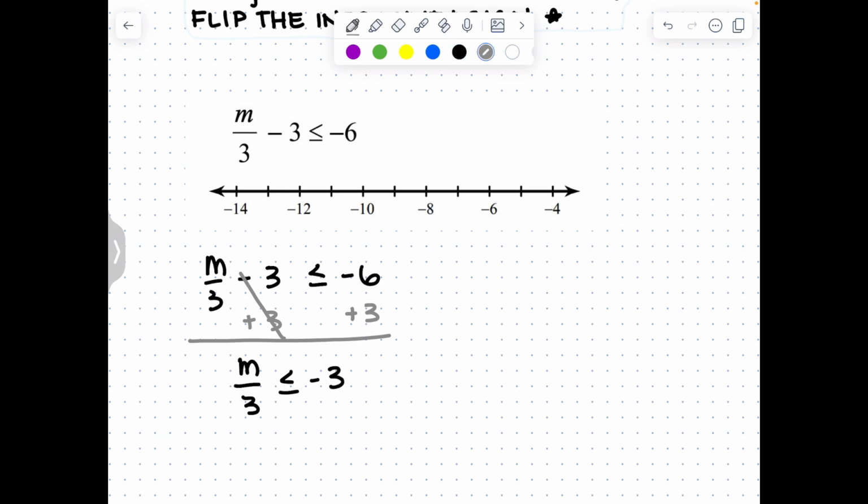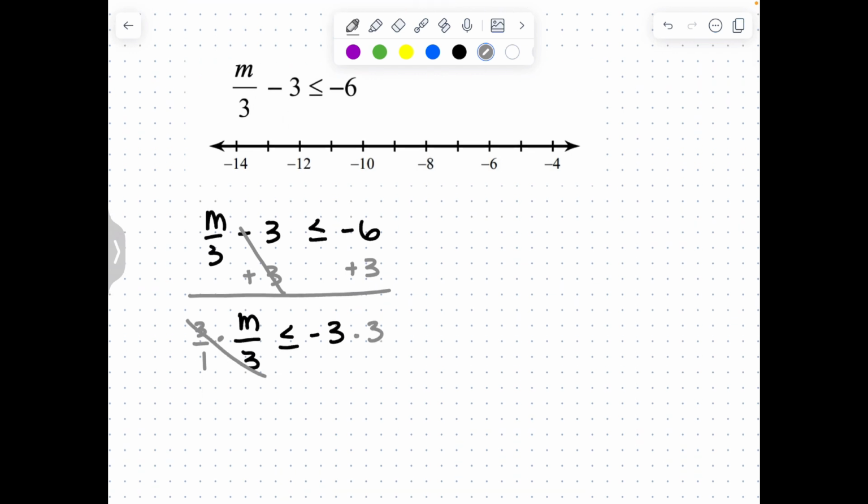Now, since this says m divided by 3, I'm going to use multiplication, that inverse operation. Our 3's will cancel to 1, leaving us with m on the left-hand side. And then negative 3 times 3 is negative 9. So there's our solution.